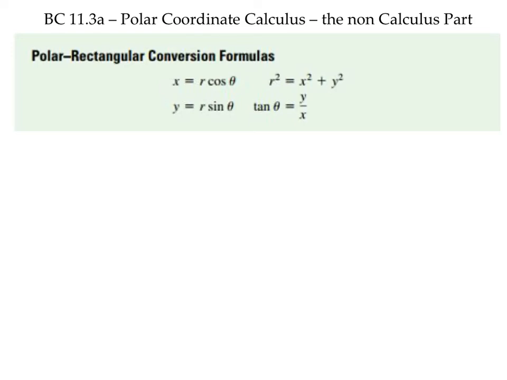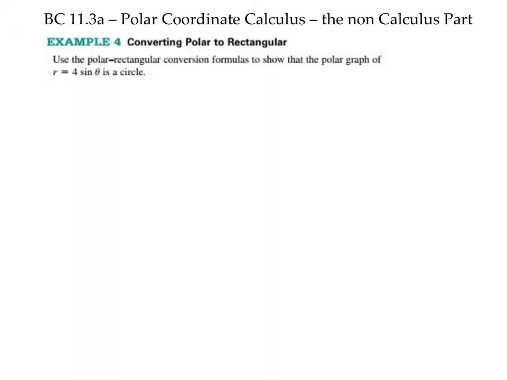Let's use these formulas and convert the previous r equals 4 sine theta that turned out to be a circle. Let's show that it is. So the trick here, and you learn these tricks and get comfortable with them, is to multiply through by r. r squared is always x squared plus y squared, and r sine theta is y, so 4r sine theta is 4y.